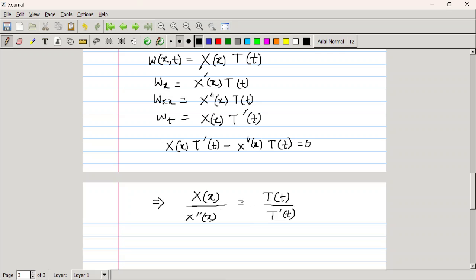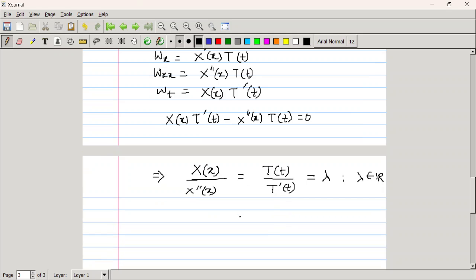When will that happen? It will happen when both the ratios are equal to a real constant lambda, where lambda belongs to R. Because the left hand side is a function of x and the right hand side is a function of t, x and t are independent variables, but they are equal. This is only possible when the ratio is equal to a constant.